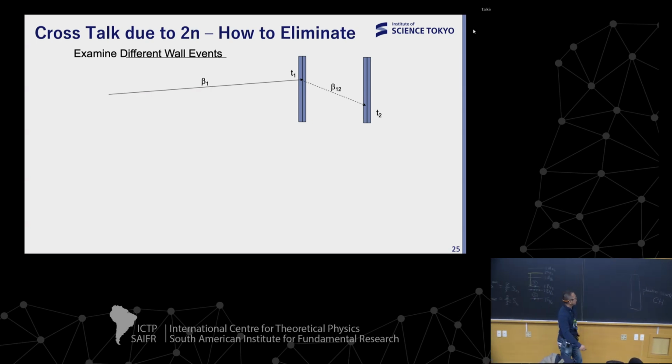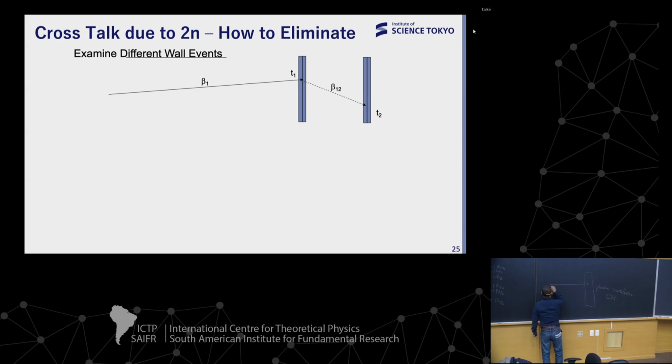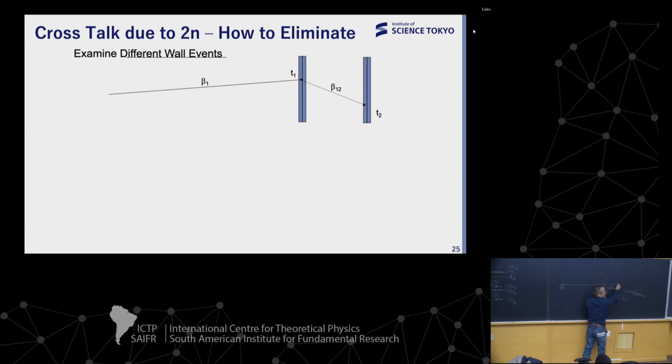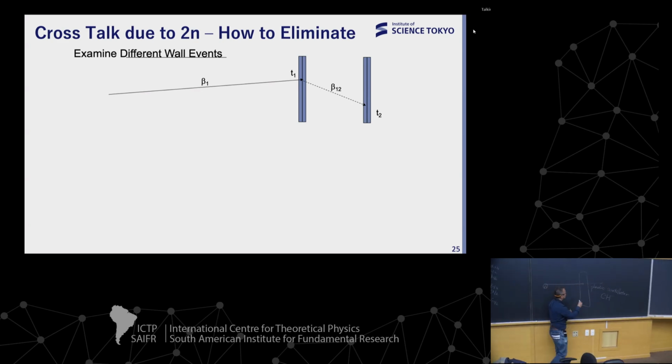If the neutron comes, neutron is electrically neutral, so most of the time it goes through, right? But with some probability, it can collide with a proton from hydrogen. Then the proton is like this, and the neutron goes like this.